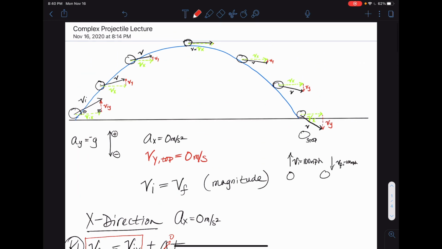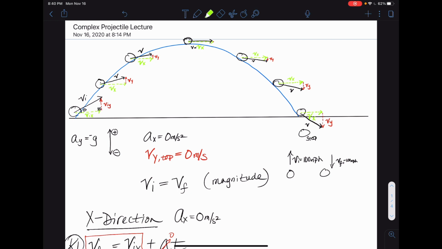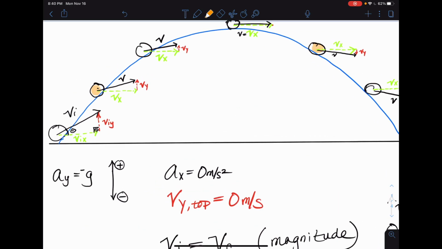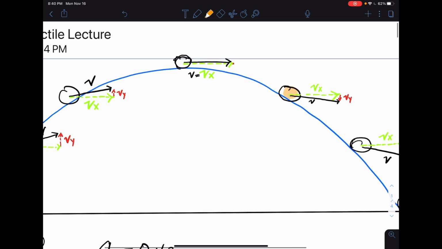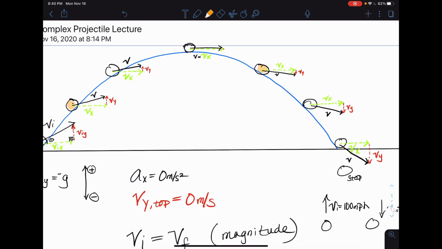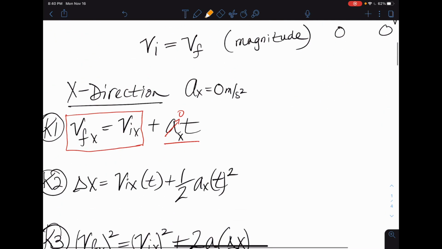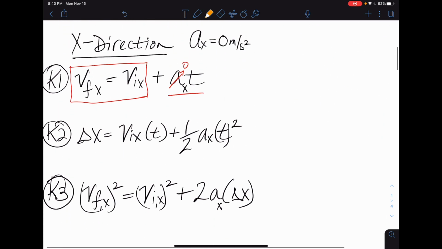So maybe you picked, let me get my highlighter out, let's go with orange here, this point as being initial, and this point as being final. And even though they're not symmetrical, it's saying that the VIX is equal to VFX. And so the VIX right here would be equal to the VFX right here. And that's true, right? The X velocities don't change throughout that projectile's path. Okay, so let's come back down here. So K1 isn't very useful in the X direction, right?